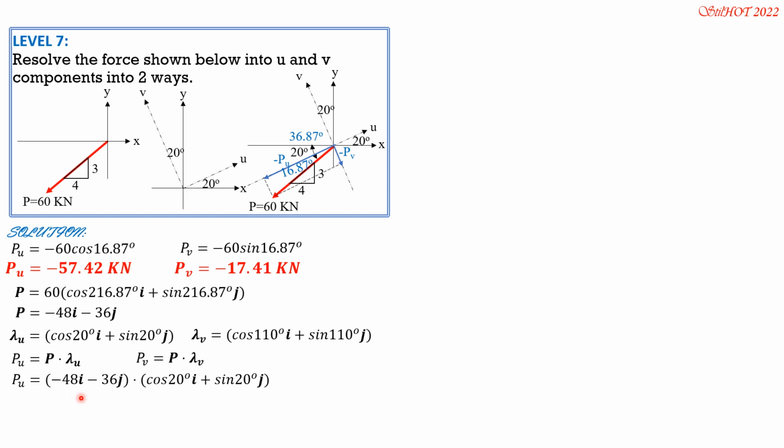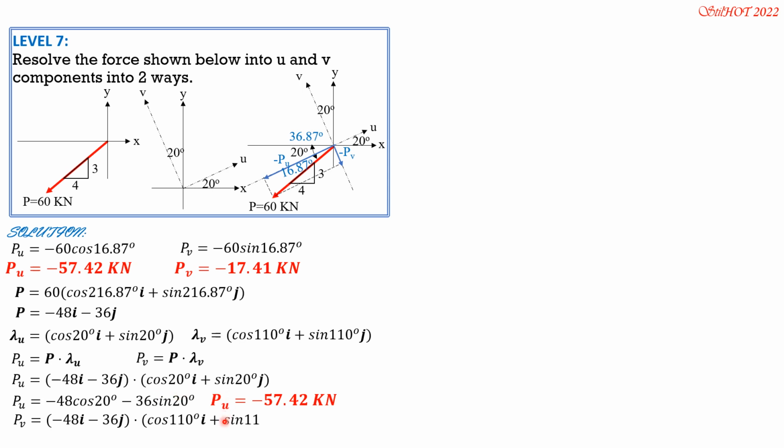So it is negative 48 cosine 20 minus 36 sine of 20. So PU is negative 48 cosine 20 degrees minus 36 sine of 20 degrees. So P sub U is the same, negative 57.42 kilonewtons, while P sub V is quantity negative 48i minus 36j dot quantity cosine 110 degrees i plus sine 110 degrees j.